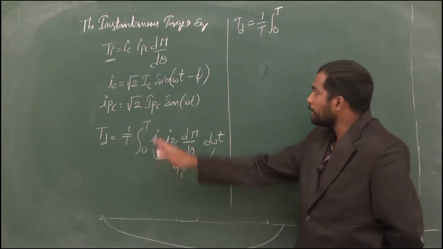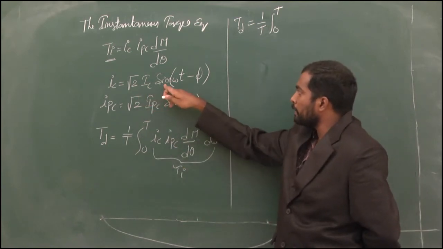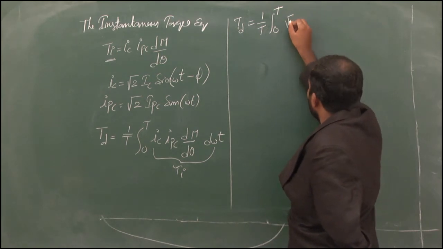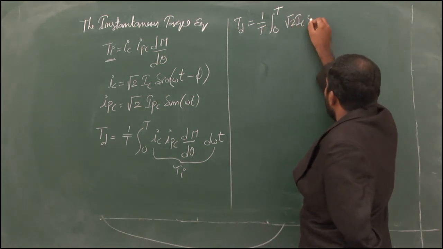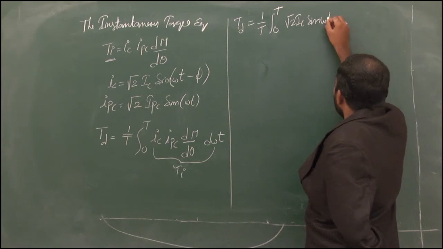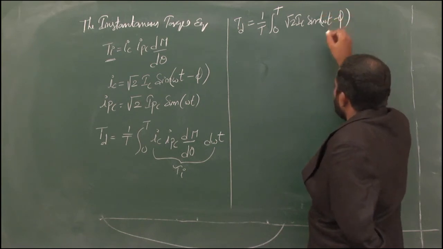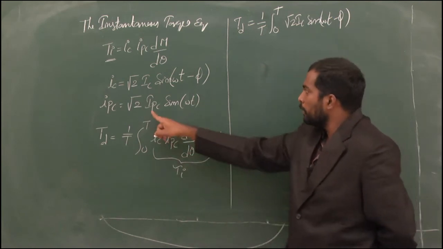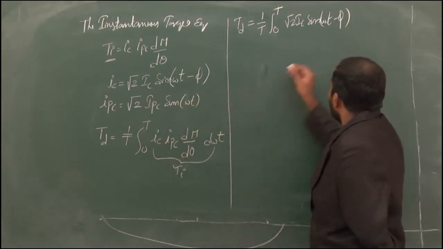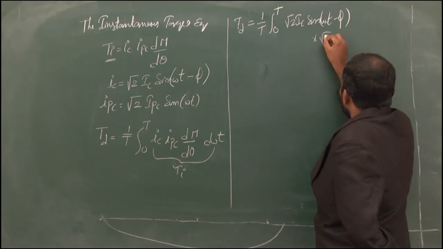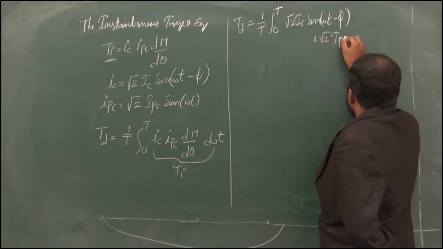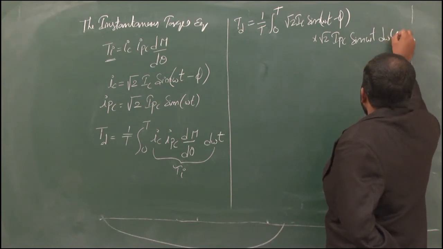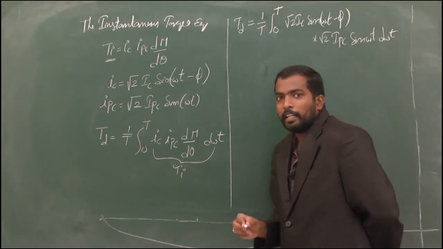The value of IC is root 2 capital IC sin omega t minus phi. Similarly, what's the value of IPC? The value of IPC is root 2 capital IPC into sin omega t, d omega t. So this is the net deflecting torque.